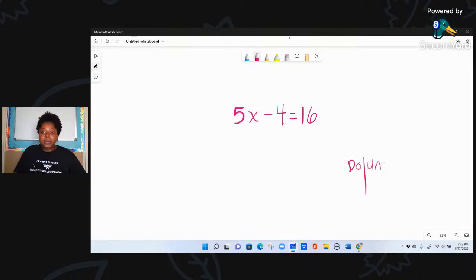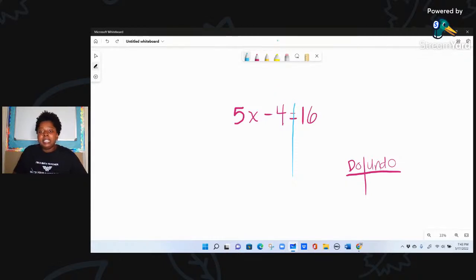Tell me if you get this part. You understand we're solving for x, right? We need to remove everything that's on the side of x so that we can get x by itself. So I need to get rid of this 5, and I need to get rid of this -4. You get that part?